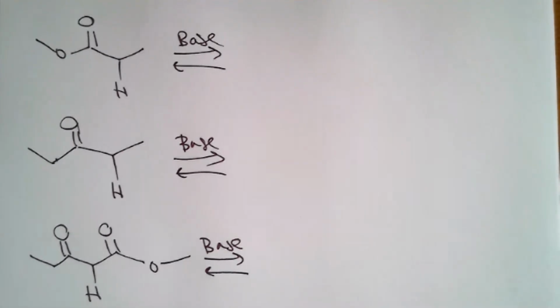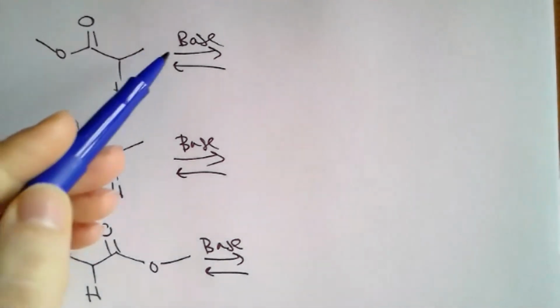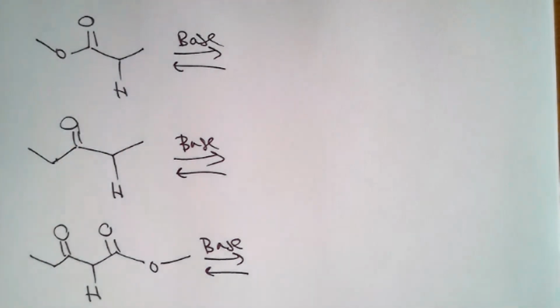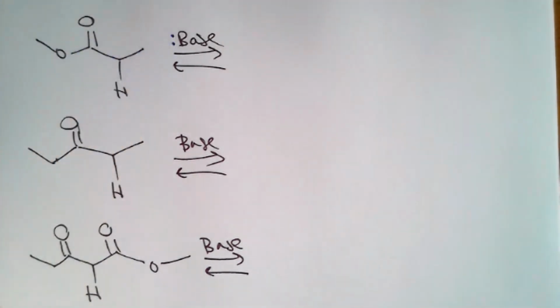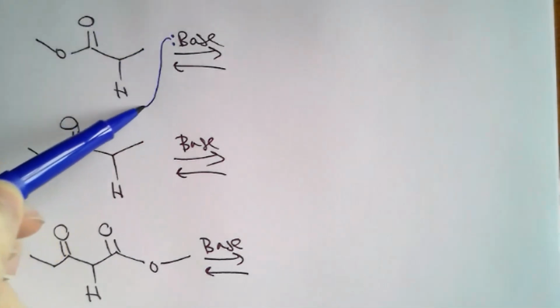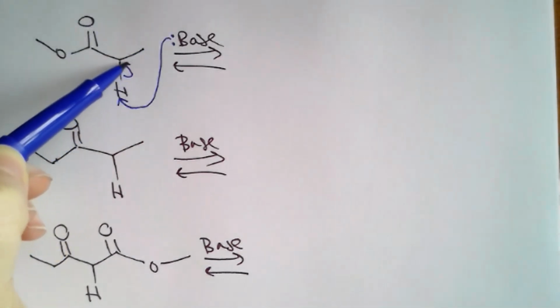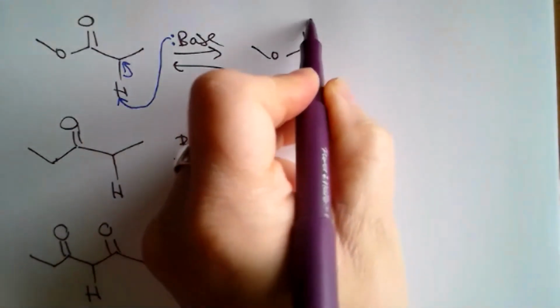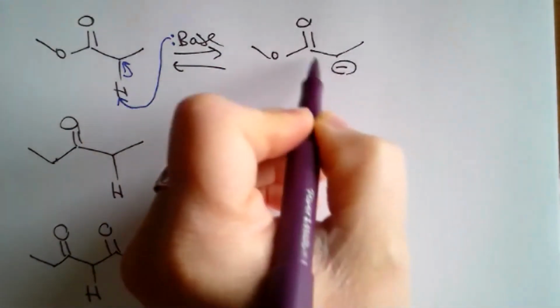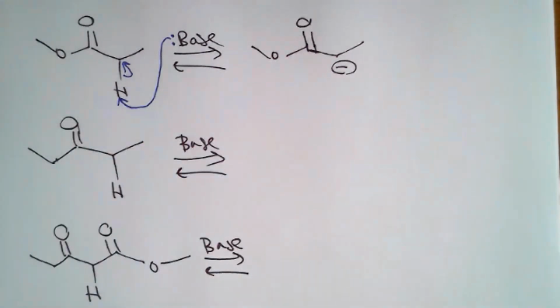So given these three carbonyl compounds, if we react them in some sort of base, we're going to discuss in very painful detail what that base is, but that base can pluck an alpha hydrogen. Why would you want to pluck an alpha hydrogen? Because an alpha hydrogen is more acidic than a standard alkane hydrogen.